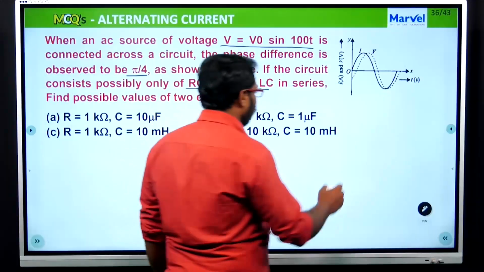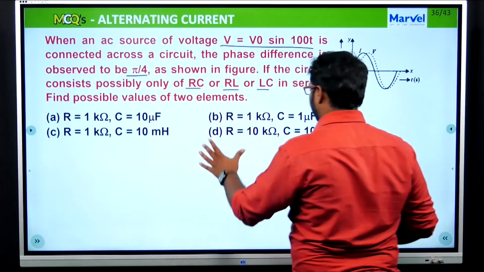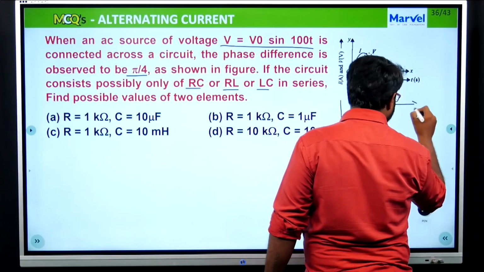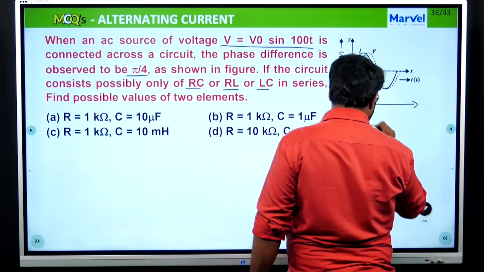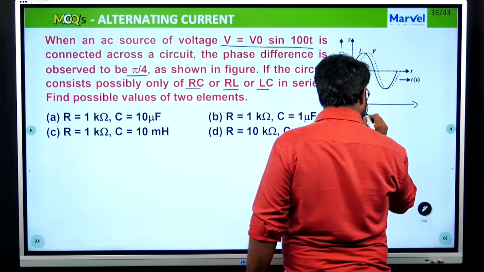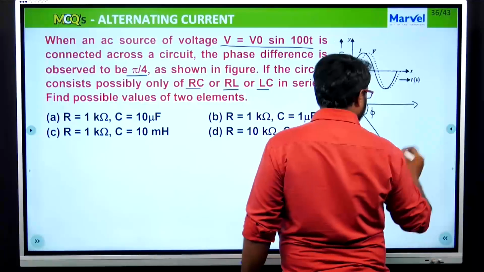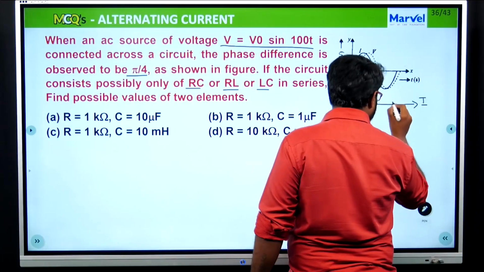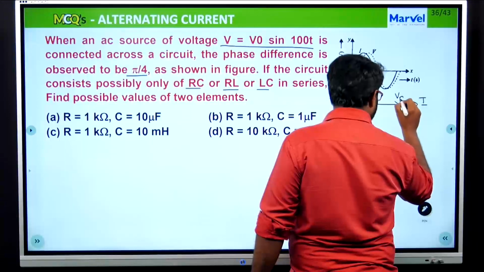Look what I am going to do. Since this is an RC circuit, the phasor diagram looks like this, with this being phi, this being I, this being VC and this being VR.